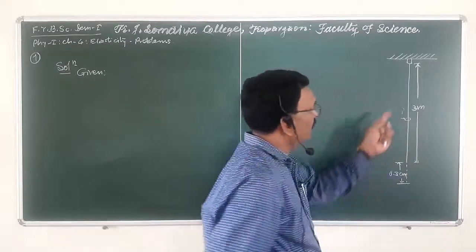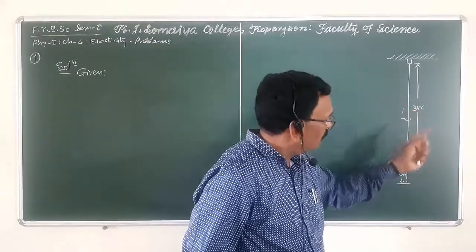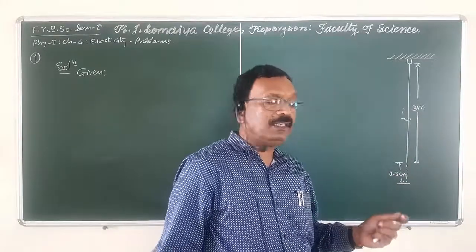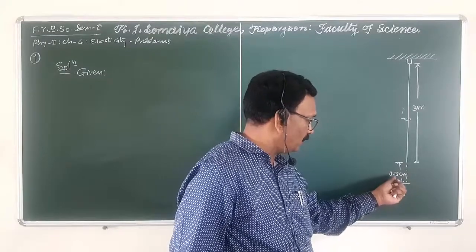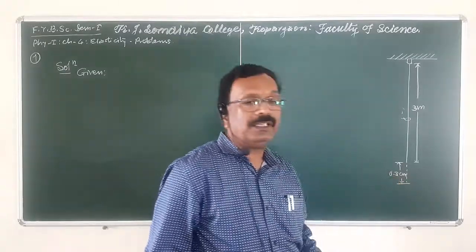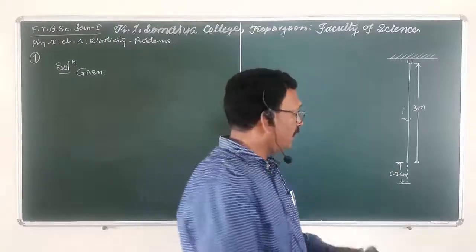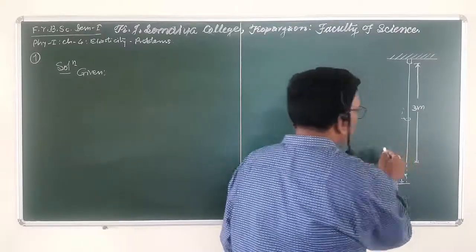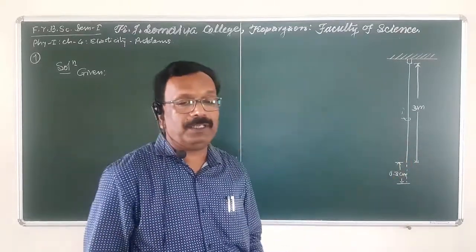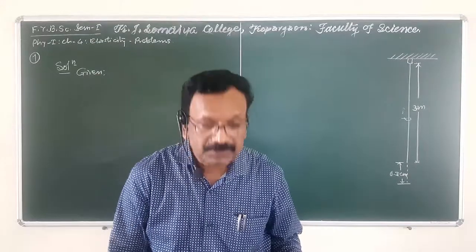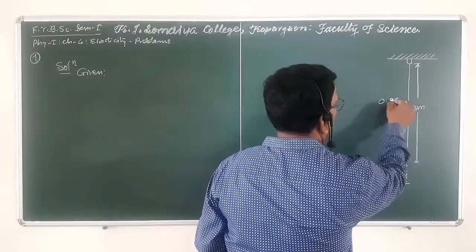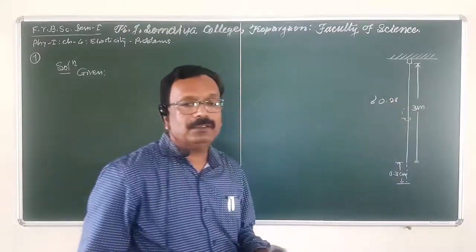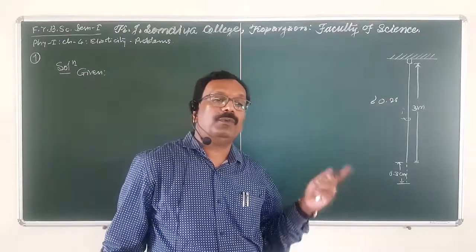Another problem: this is a wire whose length is 3 meter, and when a certain force is applied to its free end, the elongation produced in the wire is 0.3 centimeter. Poisson's ratio of the copper is given as 0.26. Then find the lateral strain produced in the wire.